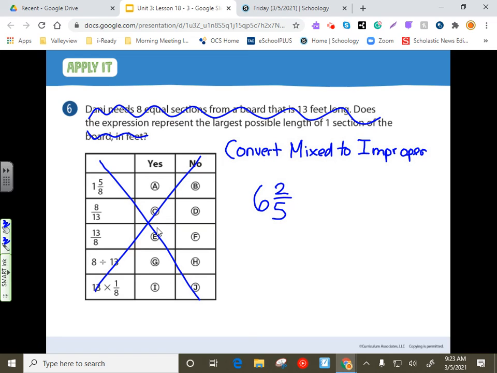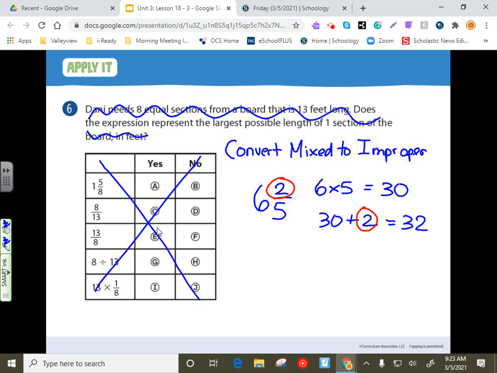Now, this is how you change this number into an improper fraction. You're going to take your whole number, which is 6, and multiply it by your denominator, and that'll give you 30. And then you get your 30, and then you add the numerator, which is 2. Let's emphasize that. And that gives you a total of 32.